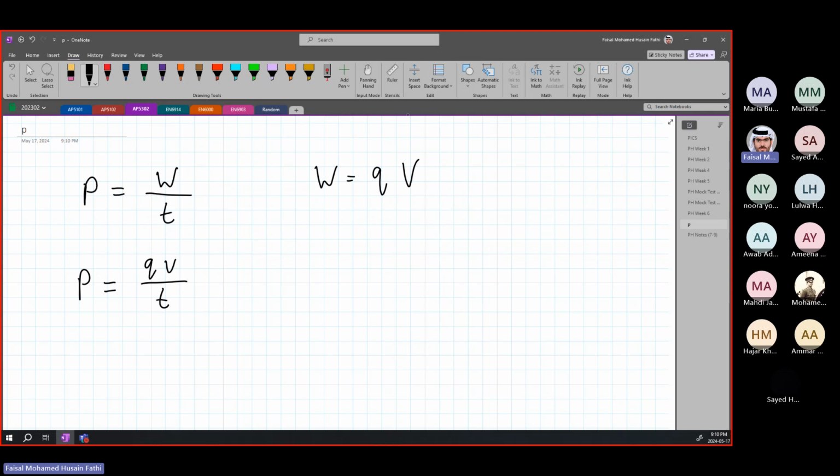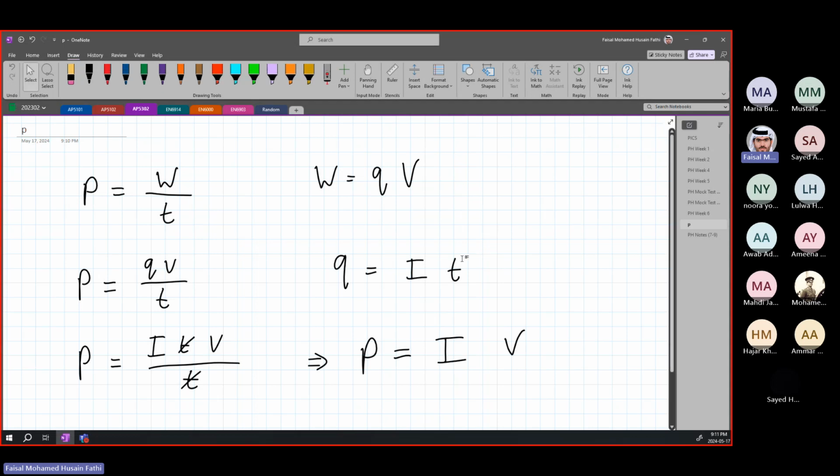We also know that Q, the charge, we already defined it, is equal to I times T. So we can plug this back into the equation. We get power is equal to I T V over T. Now we can cancel the time and get this new equation where power is equal to I times V.